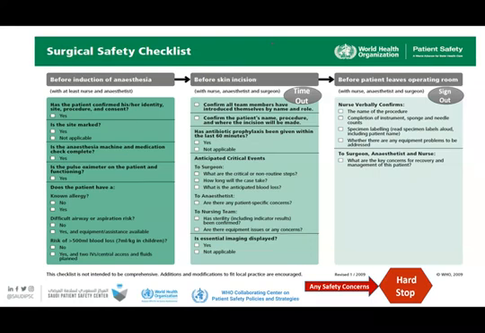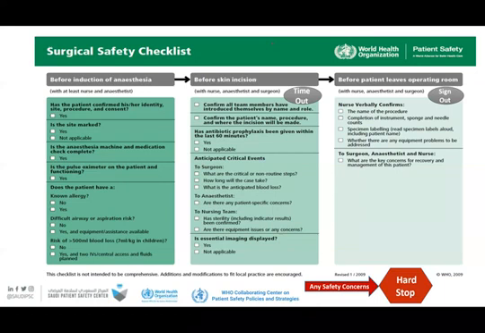This should be a moment of pause or stop period where all the team, anesthetist, nurses, surgeon, will confirm the right patient, right procedure, right site before proceeding to operation. And this is the most critical part that everybody needs to comply with, otherwise we will end up with wrong operation, wrong surgery or wrong patient.